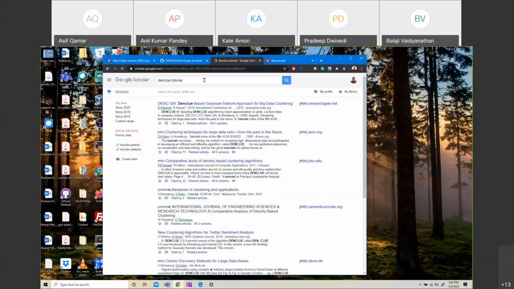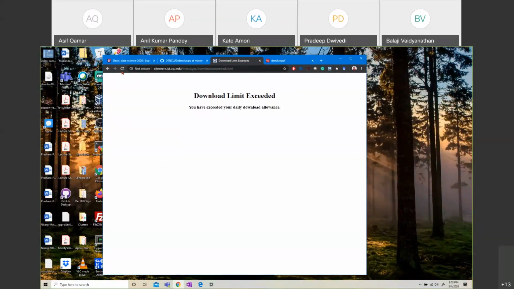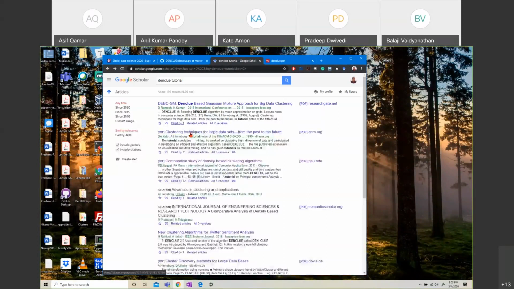Let's try that. Download limit exceeded. The server is down.